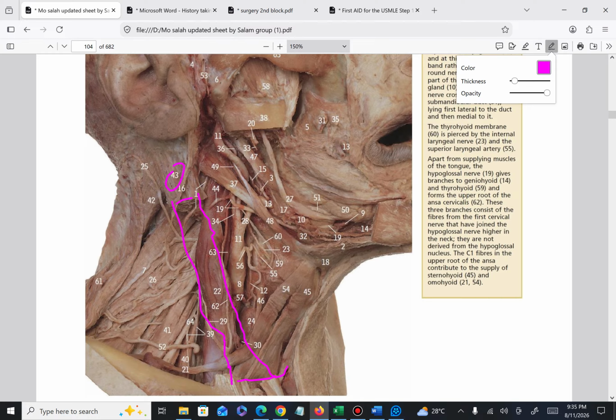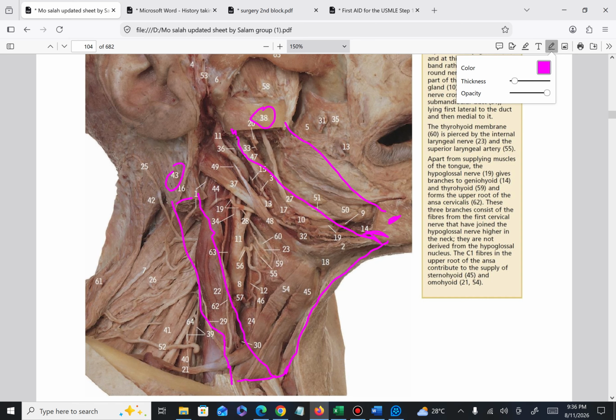Anteriorly is the anterior midline. Superiorly, the triangle is bounded by the mandible. The mandible has been cut down; this is the cut part of the mandible, and this one is also the cut part of the mandible. So superiorly, the anterior triangle is bounded by the ramus of the mandible.